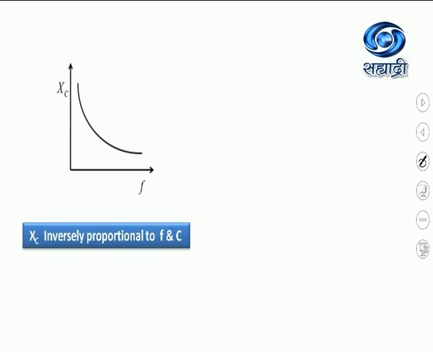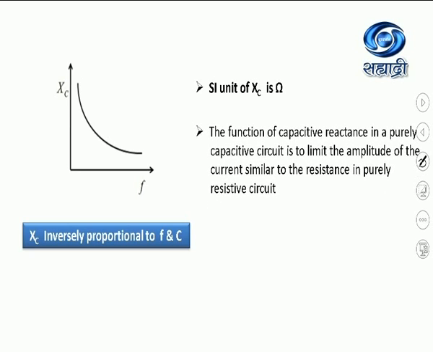So if frequency is high, capacitive reactance is low. Or if the capacitance of a capacitor is high, the capacitive reactance is also low. The SI unit of capacitive reactance is ohm, same as resistance. The function of capacitive reactance in a purely capacitive circuit is to limit the amplitude of the current, like resistance in a purely resistive circuit.